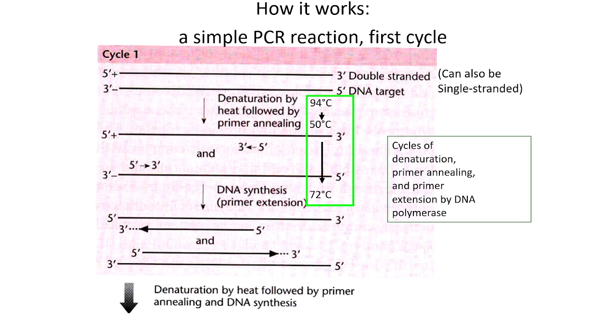And then after that you perform the extension, which depends on the temperature at which these enzymes function properly. Like your fusion enzyme works at 72 degrees centigrade, whereas Taq works between 70 to 72 only. So 72 is the optimum one.